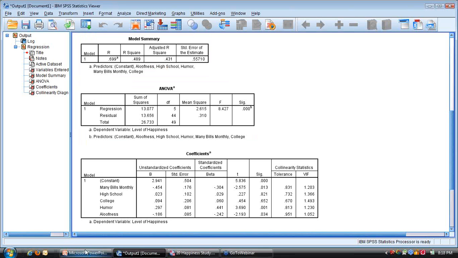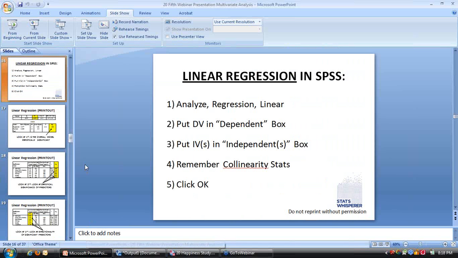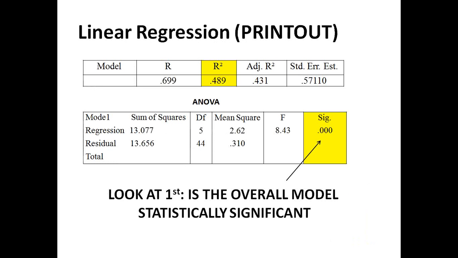So let us go back to our slideshow. As I said, the first thing we want to pay attention to is the ANOVA box. Now we saw on the right-hand side that it said sig 0.000. So that's for the whole model.